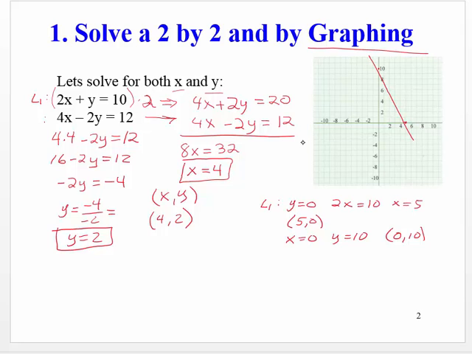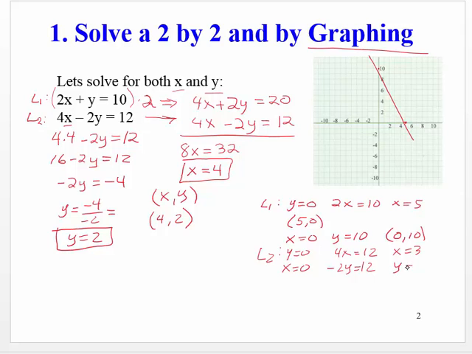Okay, it's close to that. For L2, if we let y be equal to 0, we got 4x is equal to 12, and x is equal to 12 divided by 4 is 3. And if we let x be equal to 0, we get minus 2y is equal to 12, because you plug in 0 for x and 4 times 0 is 0.